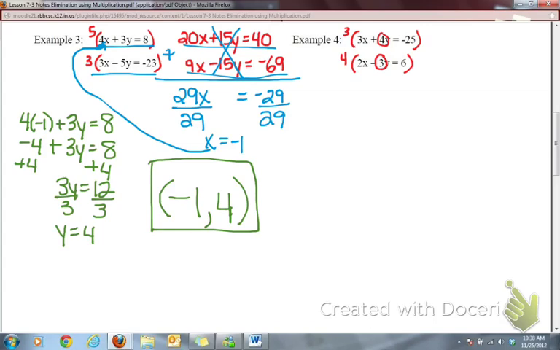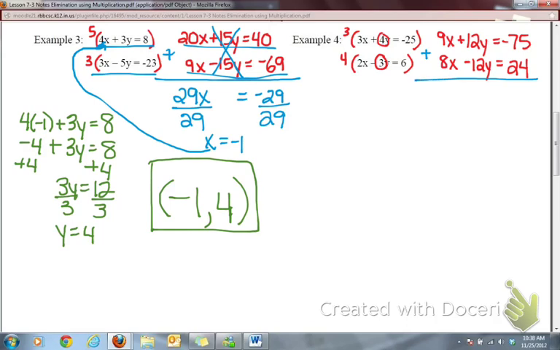And here we go. We're going to distribute that. So we have 9x plus 12y equals negative 75. On the bottom we'll have 8x minus 12y, and that equals 24. And again, since our y's have the same numbers and they're opposites, I am going to add the equations together.